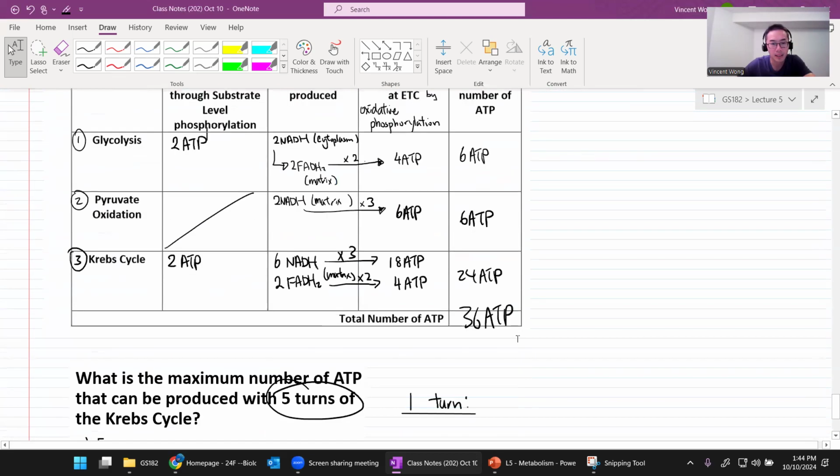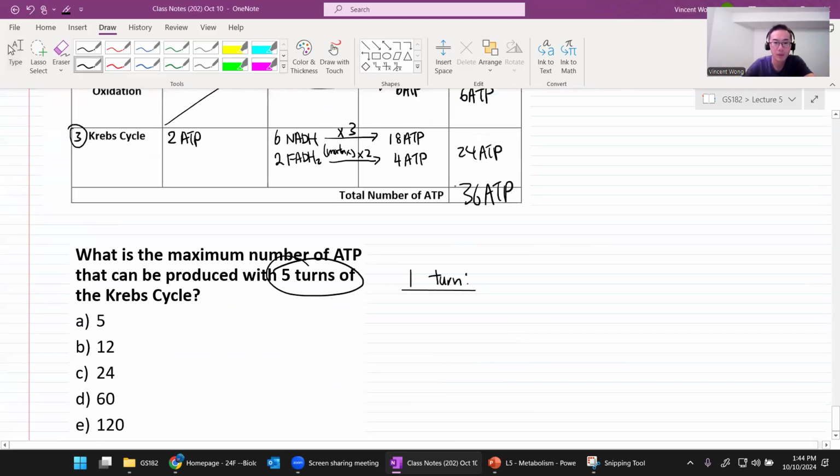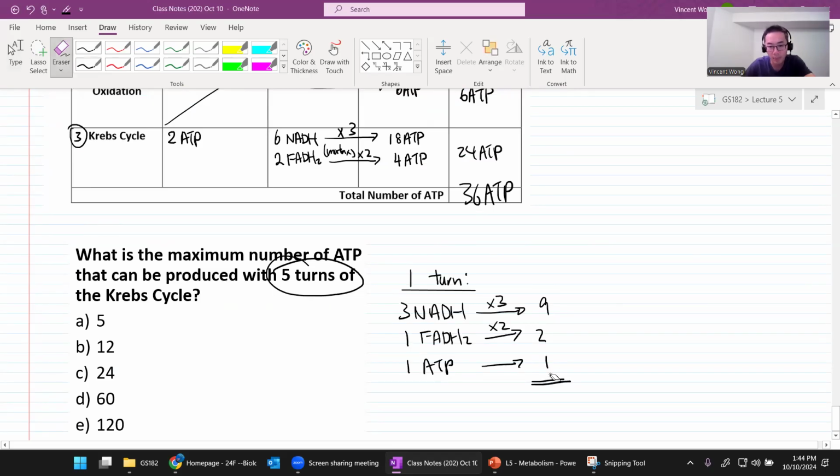So we're going to times 3, which gives us 9, times 2, which gives us 2, and this is just 1. So if you add them up, it's 12 ATP per turn. Times 5, you get 60.